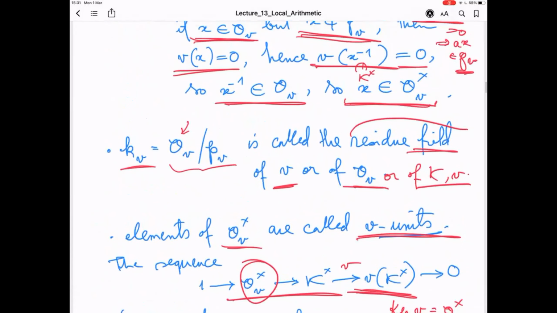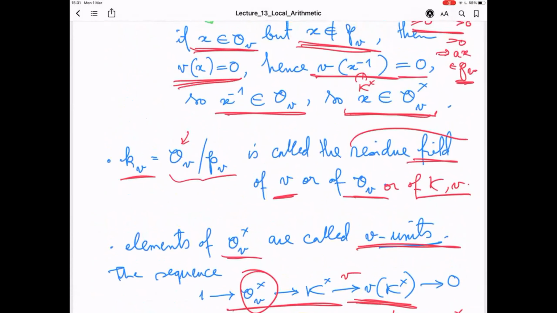Because if V of x is 0, then V of x inverse is also 0. So V of x inverse belongs to OV, so x belongs to OV star. And conversely, if y belongs to OV star, then y times y inverse is equal to 1. These are elements of OV, right?